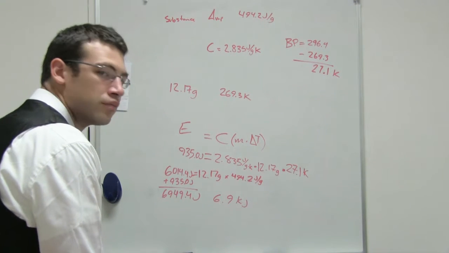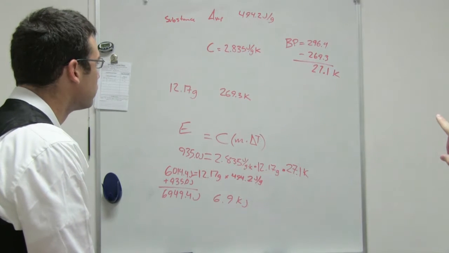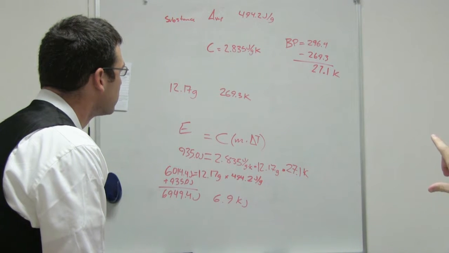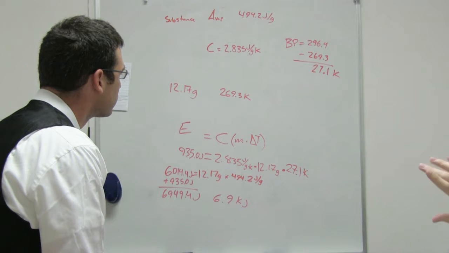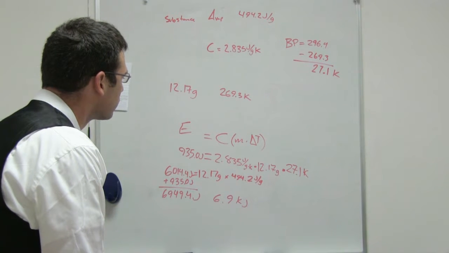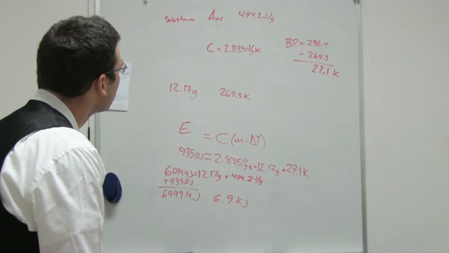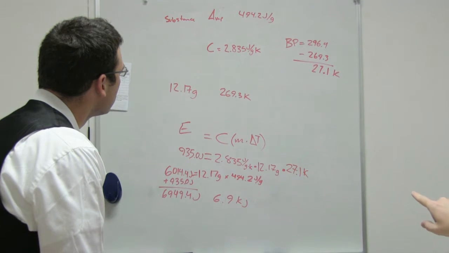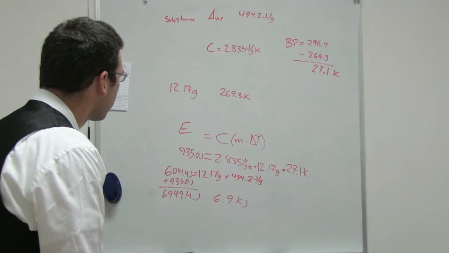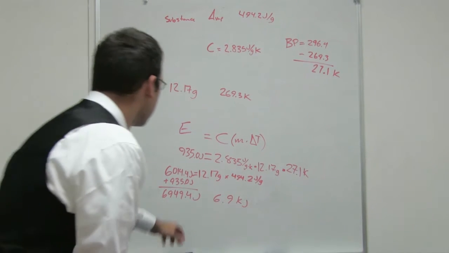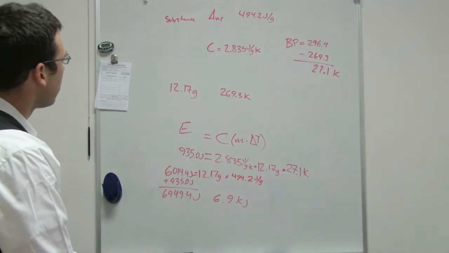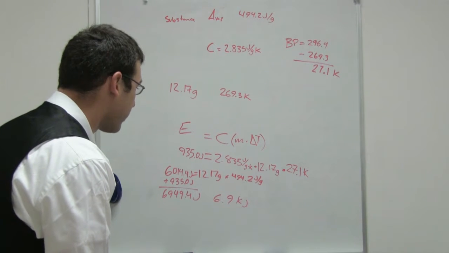So basically, what you found was vaporization. You found the energy required to vaporize the whole substance. And then what is this energy for? The 935? Oh, so this energy right there was the energy required to raise the temperature.